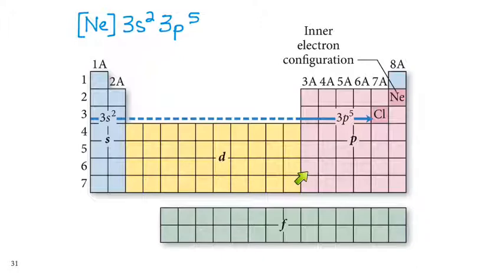So this one right here is going to end with 6p1. This is going to end with 4d2. This one's going to end with 4f2. So you can just read it off. Any questions?